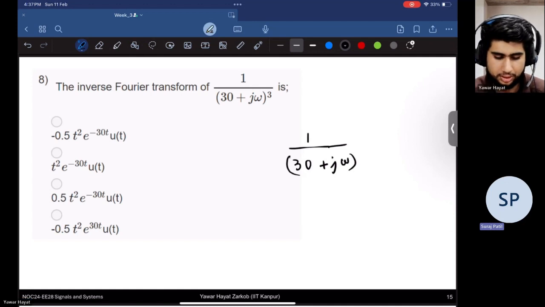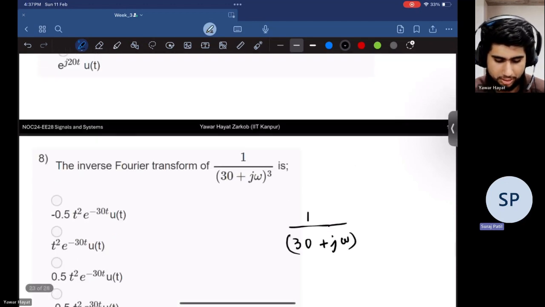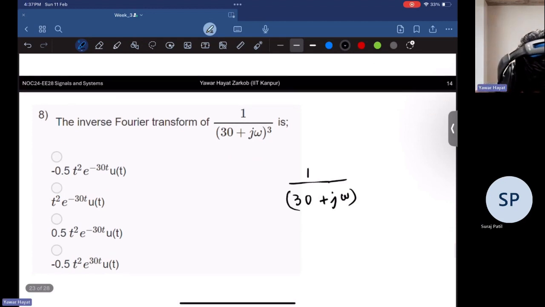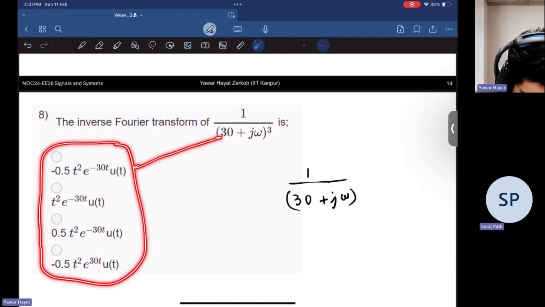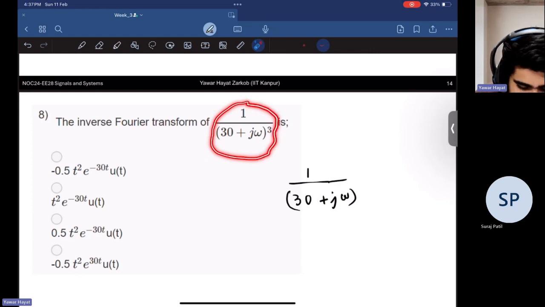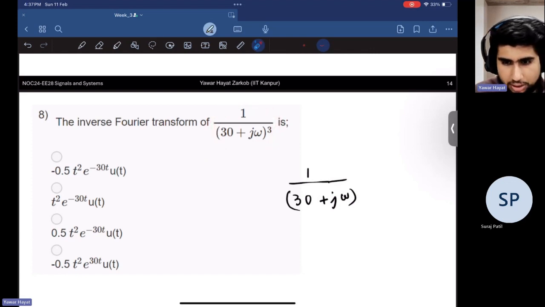Sir, option B. No, in fact, these options were made keeping in mind this function. You cannot readily use that. Imagine this would be inside the integral; this would be a tedious integral to solve.